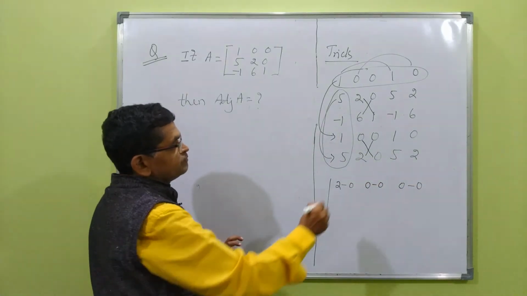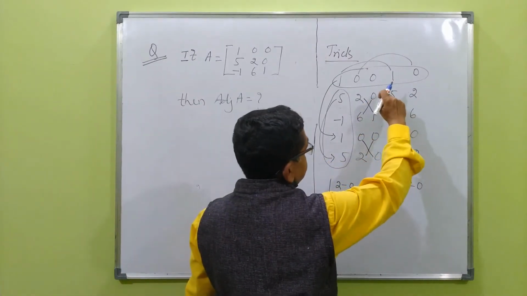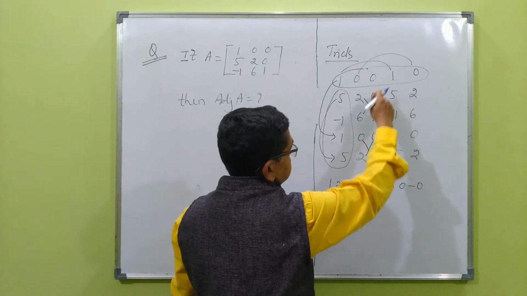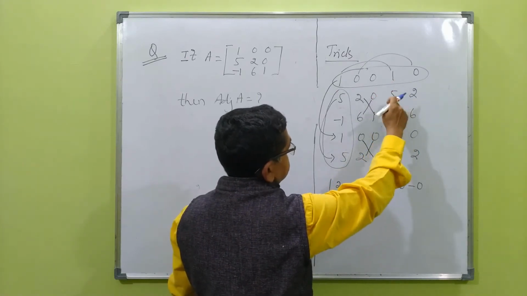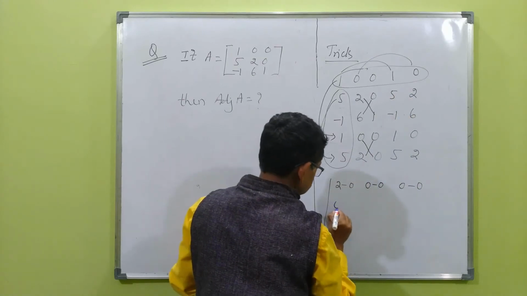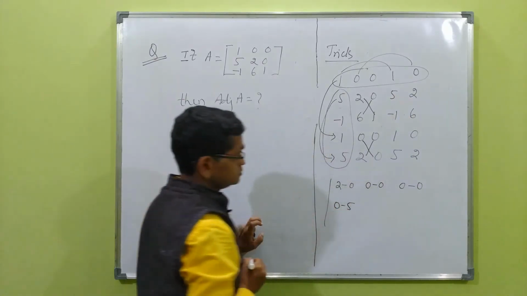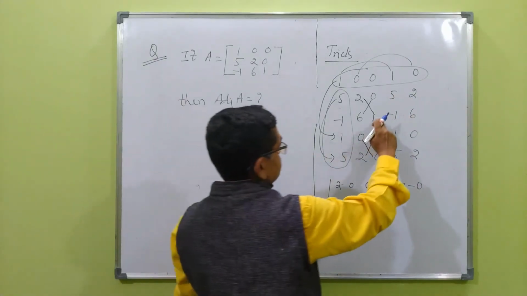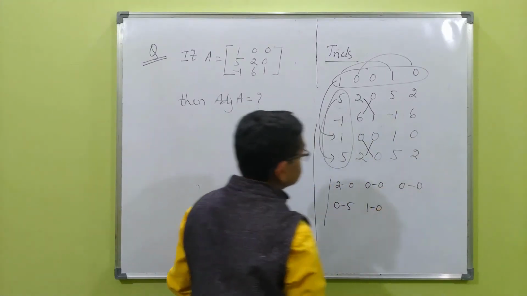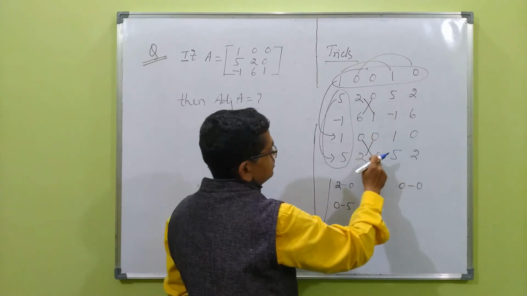Now this row, second and third, 0 into minus 1, 1 into 5, 0, okay, 1 into 1 minus 0, 1 minus 0, 0 minus 0.